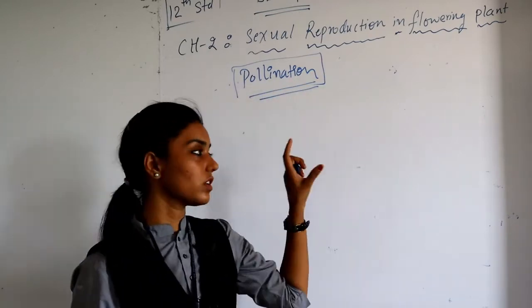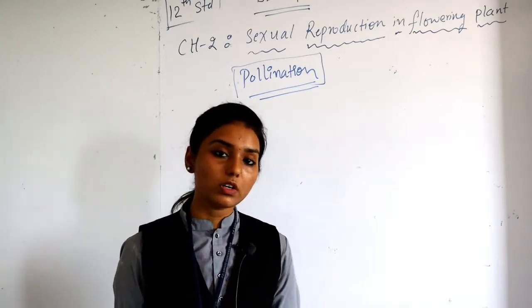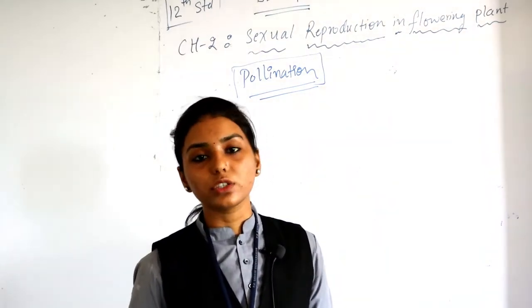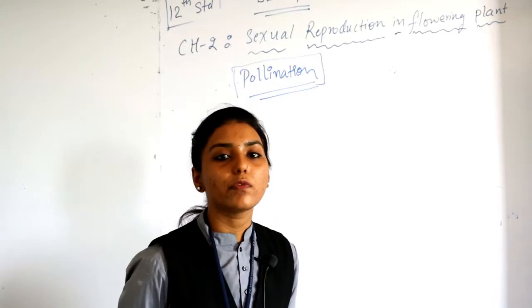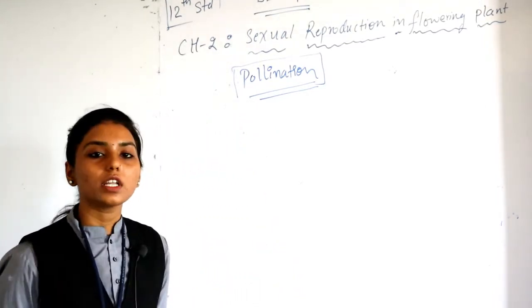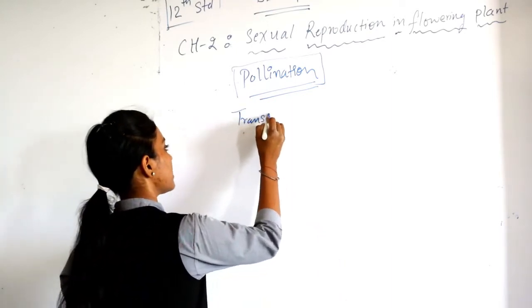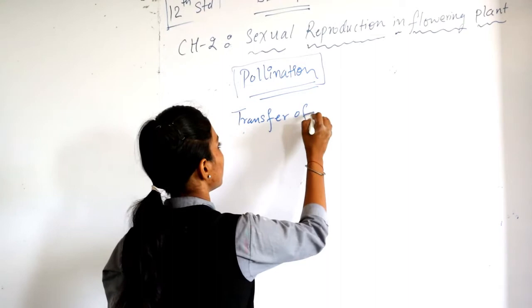In pollination, you might have studied this particular term in 10th also. This particular topic has already come in 10th, wherein pollination is transfer of pollen grain from anther to the stigma of a flower. I am writing it again.